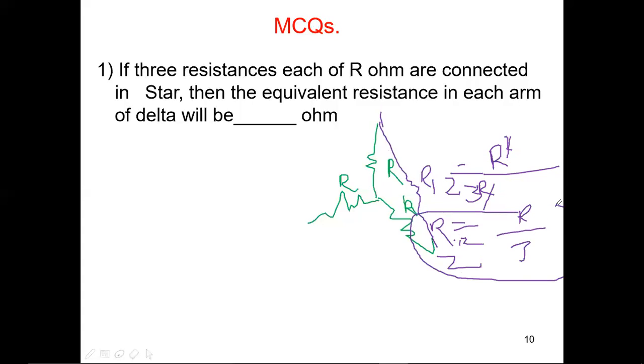While you are converting star to delta, the resistance value decreases. Over there the resistance value is R, here the resistance value will be R by 3. Answer will be B. Equivalent resistance in each arm of delta is R by 3.